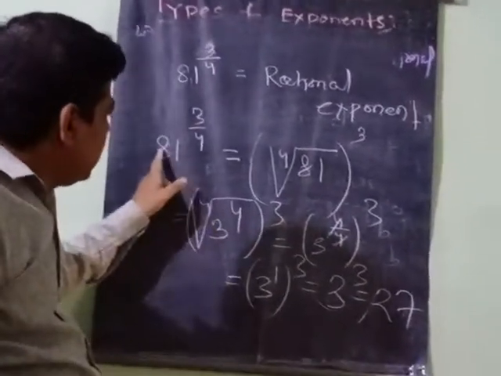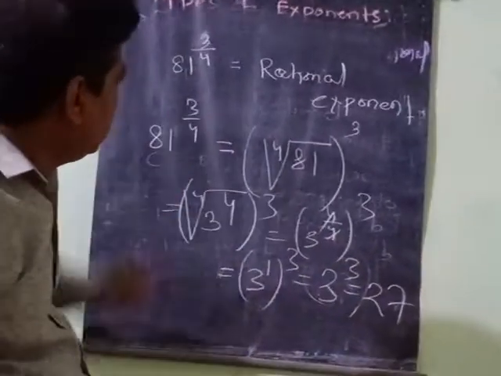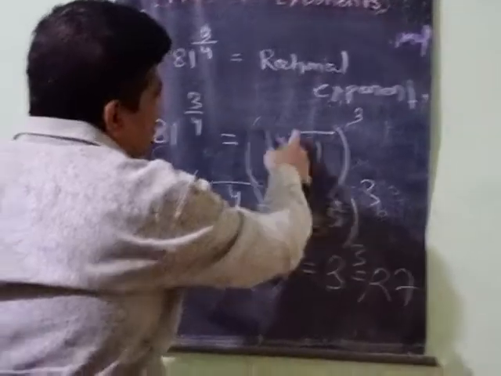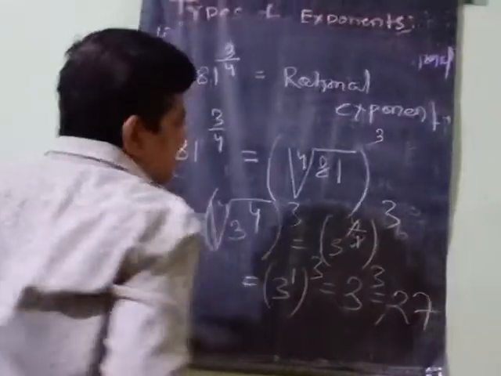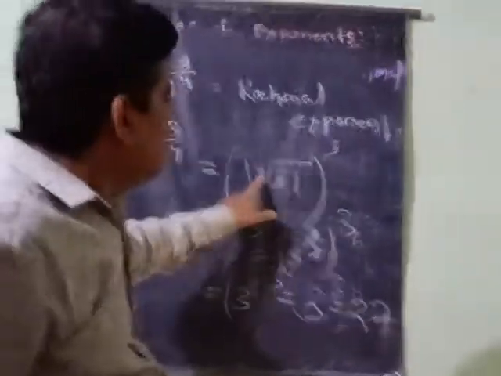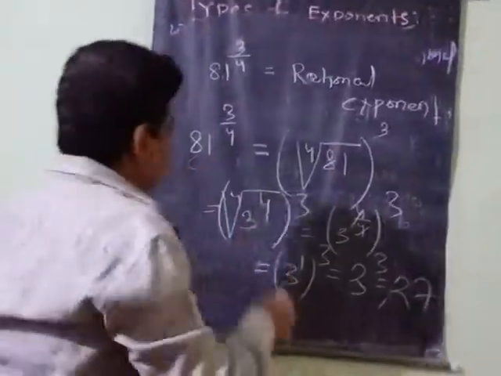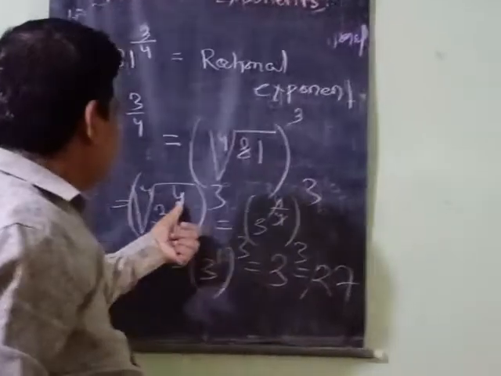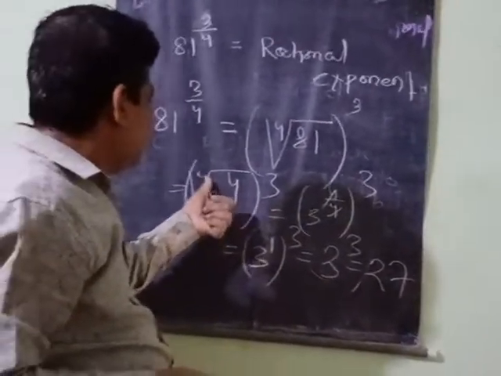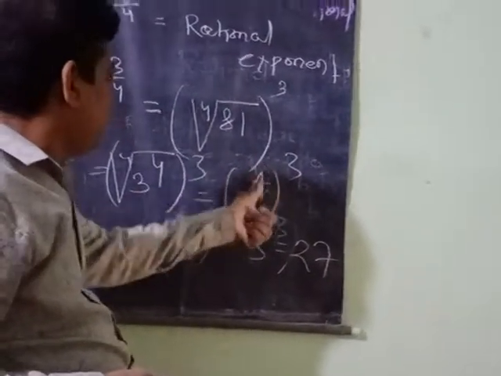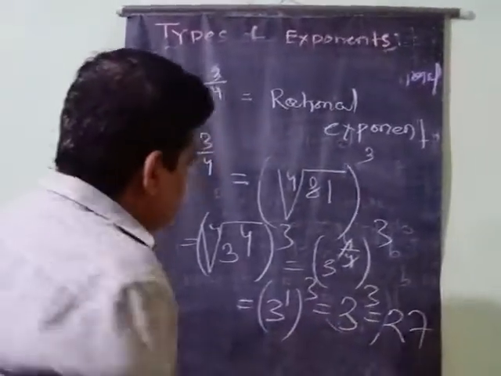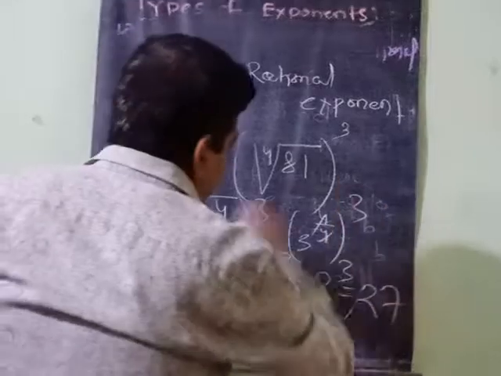I can write 81 to the power 3 by 4 as the fourth root of 81, whole to the power 3. The root of the exponent is 4. We can write 81 as 3 to the power 4, so 3 to the power 4 upon 4 can be cancelled, leaving power 3. So 3 to the power 3 is 27.